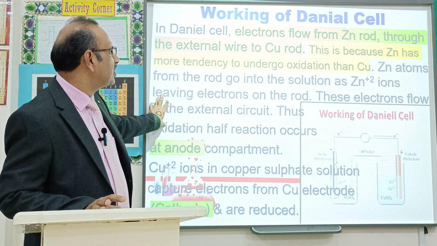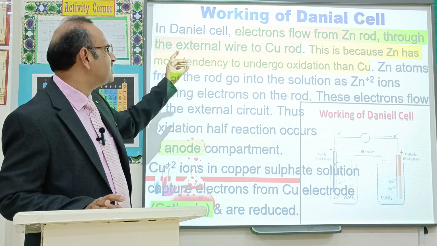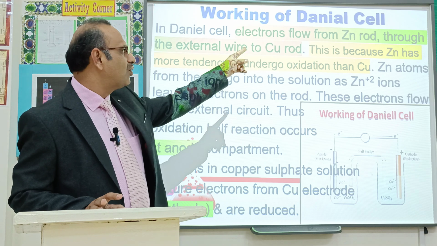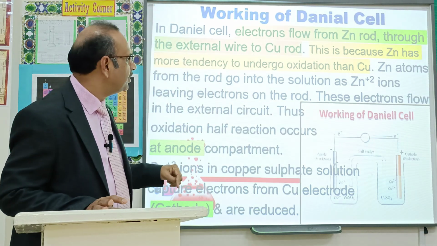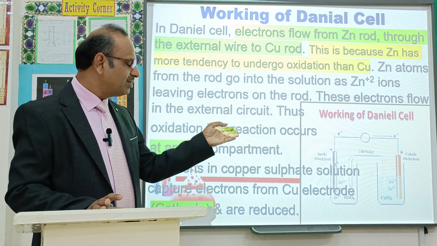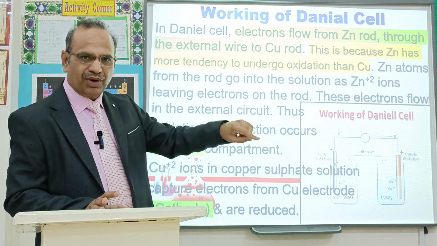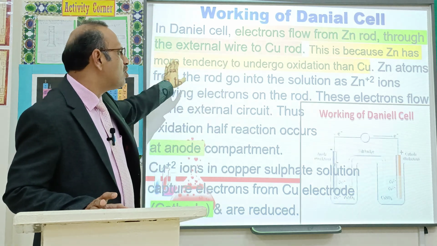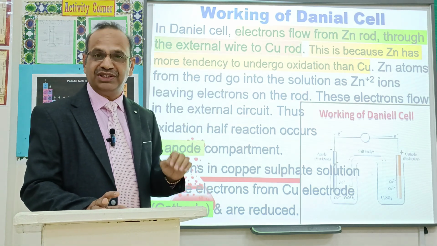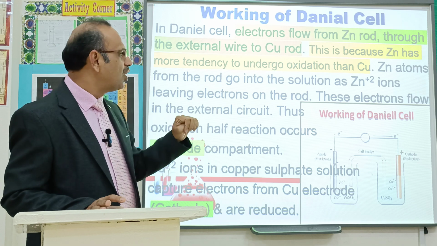More about the working of the Daniel cell. In the Daniel cell, the electrons flow from the zinc rod to the copper. Why from the zinc to the copper, not from the copper to the zinc? This is because zinc has more tendency to undergo oxidation. Zinc is a more reactive metal than copper.